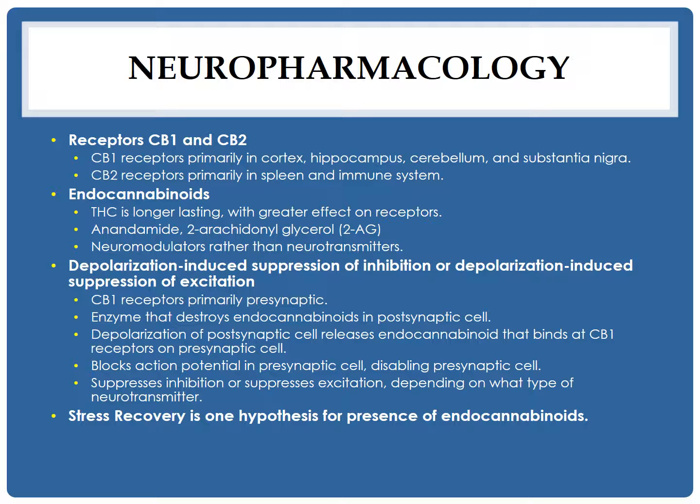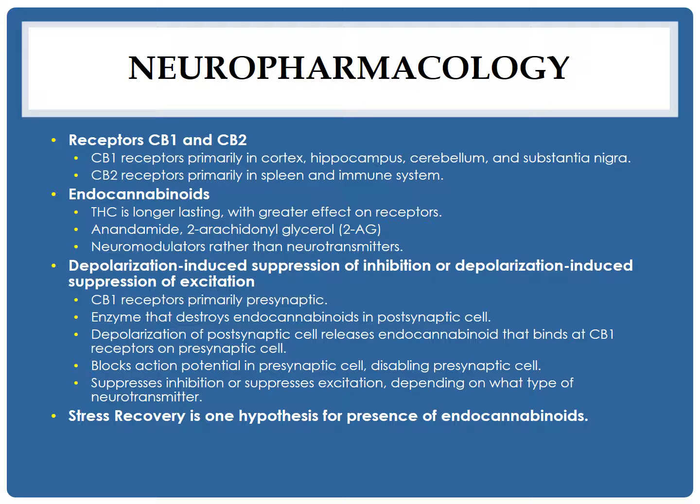So it's a way that the postsynaptic cell can affect the presynaptic cell. The postsynaptic cell can release these endocannabinoids that can then suppress the presynaptic cell. And depending on what type of neuron that presynaptic neuron is, it can either suppress inhibition or it can suppress excitation.